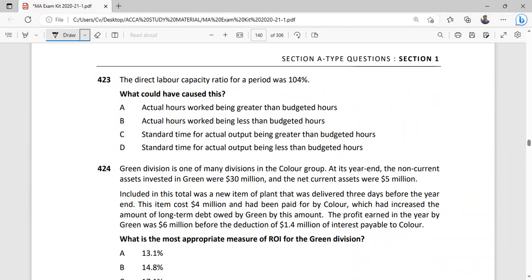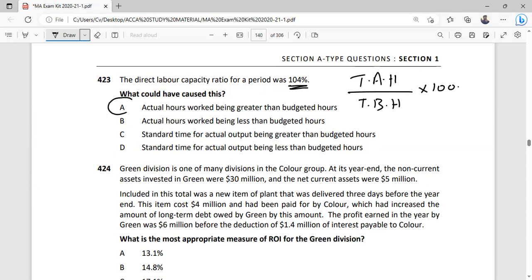The direct labor capacity ratio for the period was 104. What is the formula of capacity? Total actual hours divided by total budgeted hours into 100. So it means your total actual hours are greater than the budgeted hours. So what is the right answer?